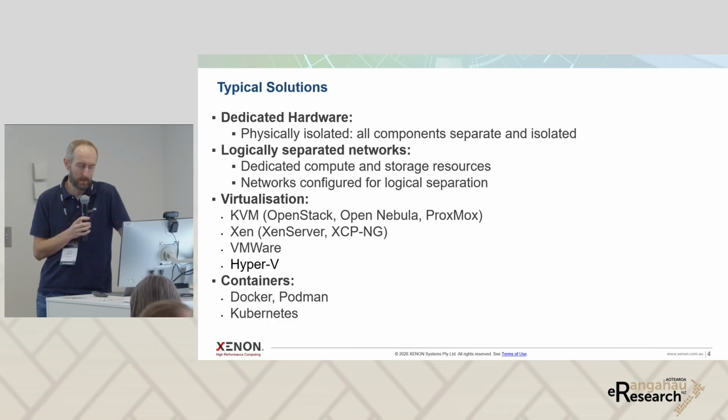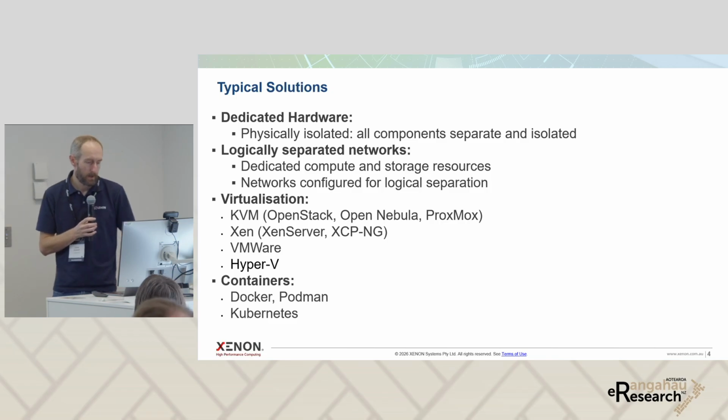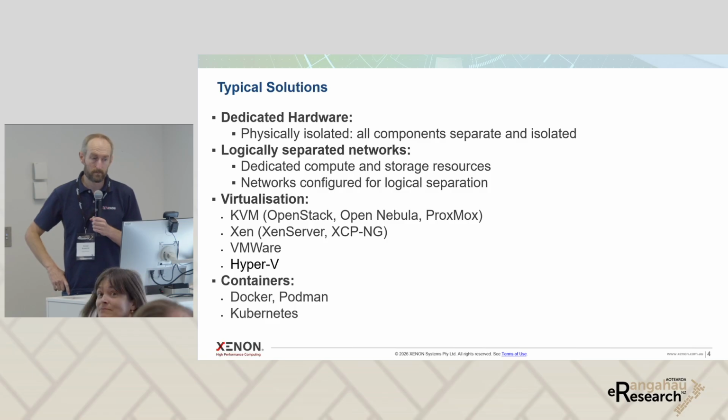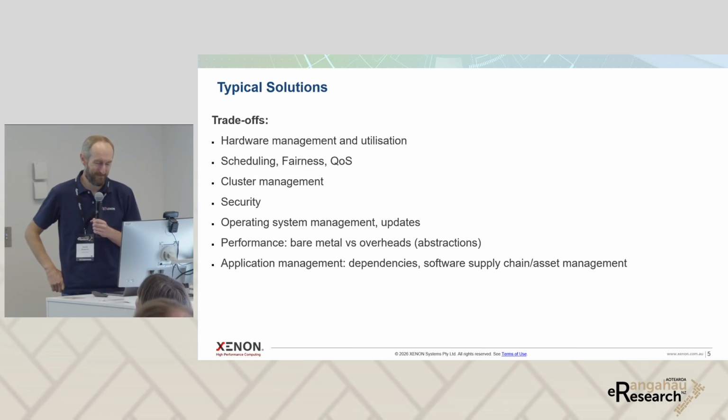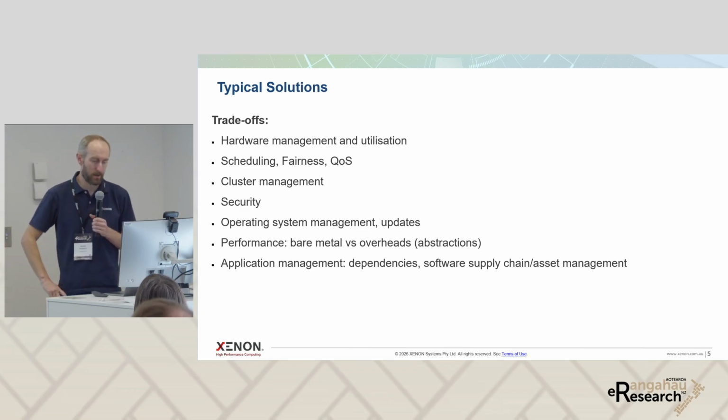So how do we decide which options are the most suitable and what are the trade-offs for each approach? There's the question of hardware, management and utilisation. We could be looking to manage several types of compute node, different compute to RAM ratios, along with different types of GPU.